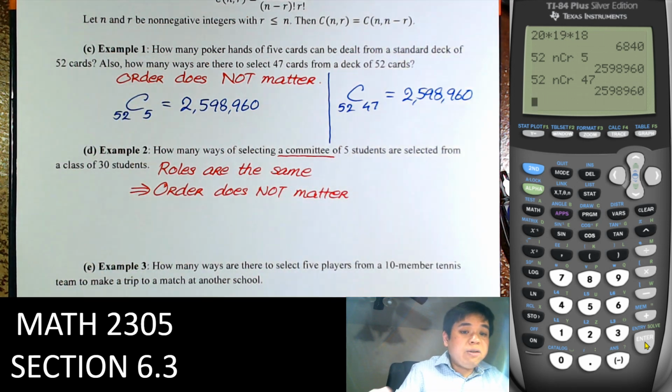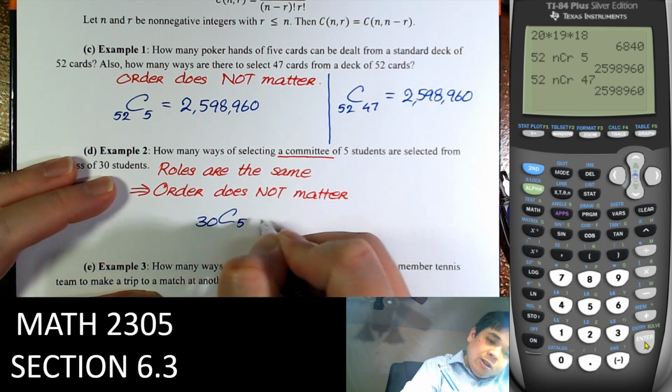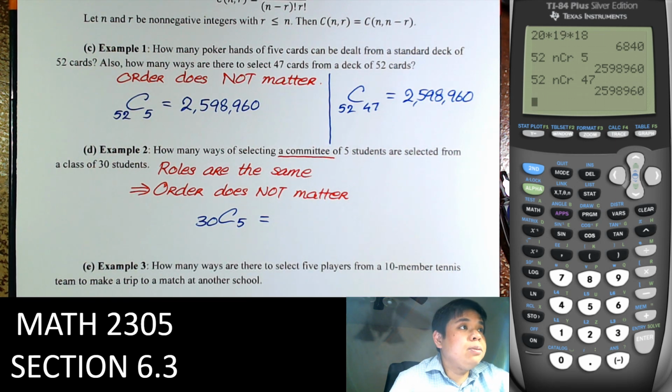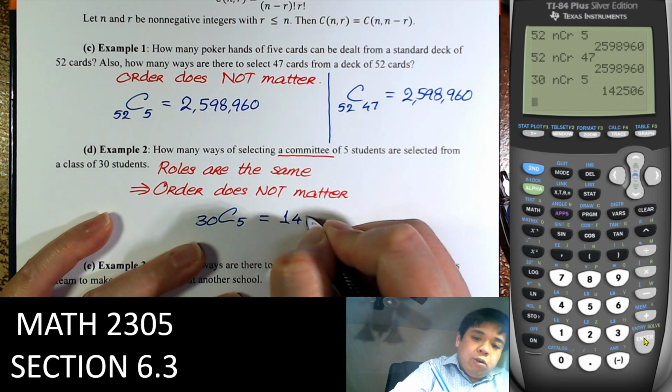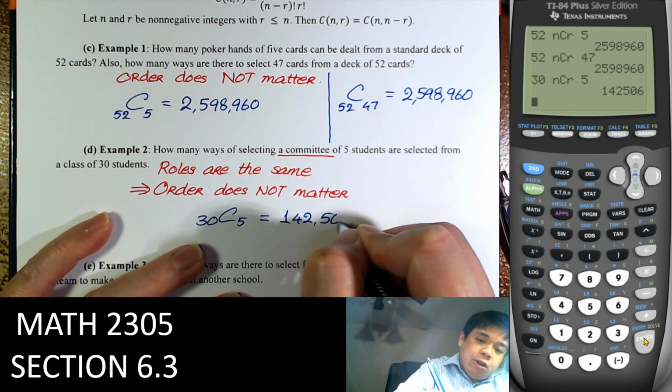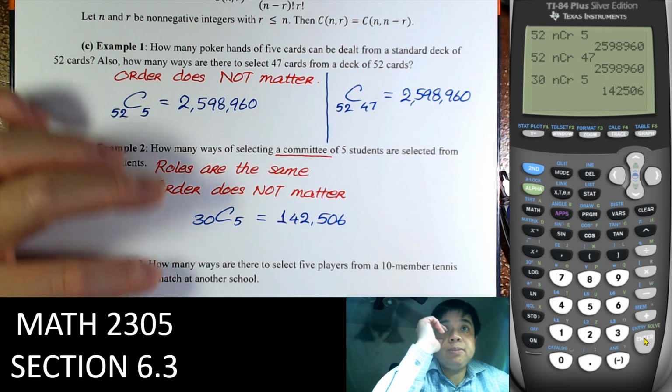And here we select 5 out of 30. So just do that. We have 142,506 different ways, different combinations.